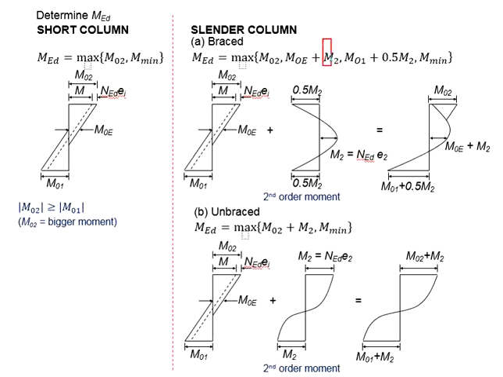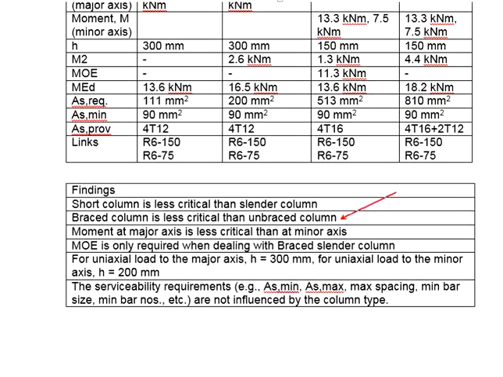That means the second order moment does not go along with the N02 in the braced structures. Because of this, the design moment for the braced structures is less critical than the design moment for the unbraced structure. This is about the second point.